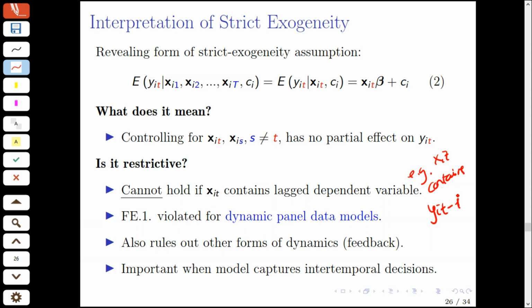In fact, the assumption of strict exogeneity, or FE1, is violated for these types of dynamic panel data models, and also rules out other forms of dynamics, such as feedback. This is particularly important when we model, or when we intend to model intertemporal decisions.